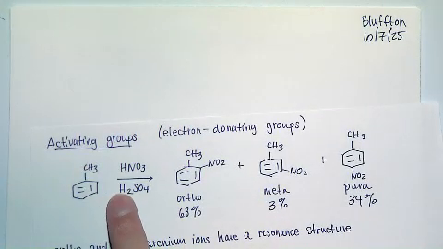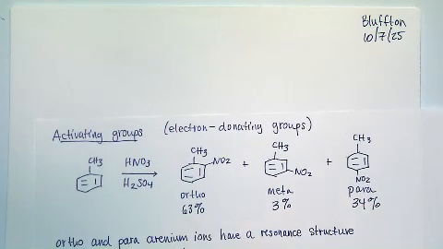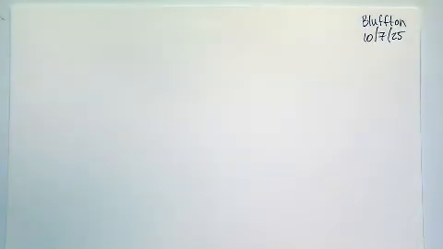Okay, so we talked about what will happen when you've got one substituent and say it's an activating group, and we do an EAS reaction to it. We're going to get ortho and para, and that's fantastic. But what if we have multiple substituents?